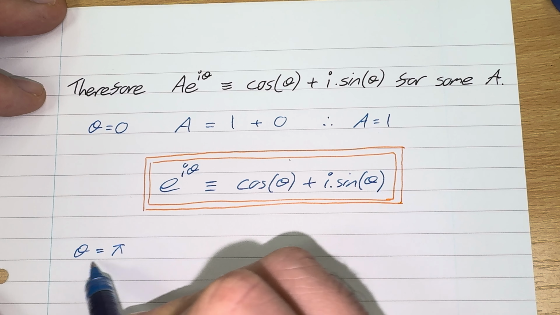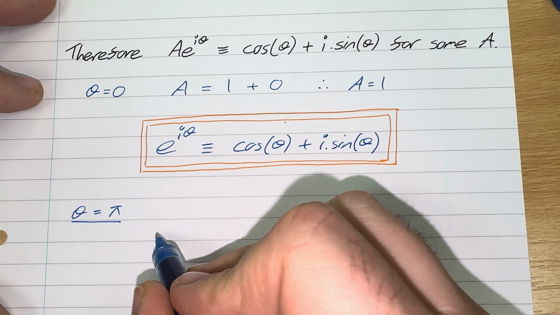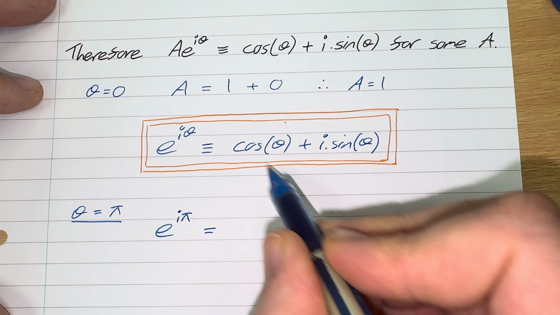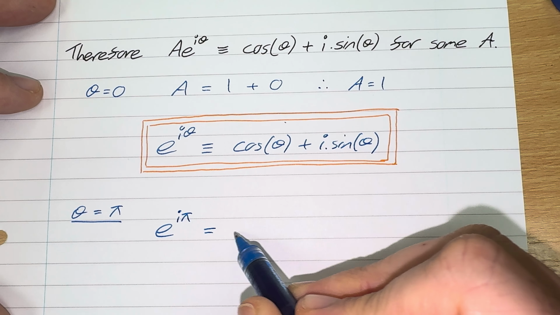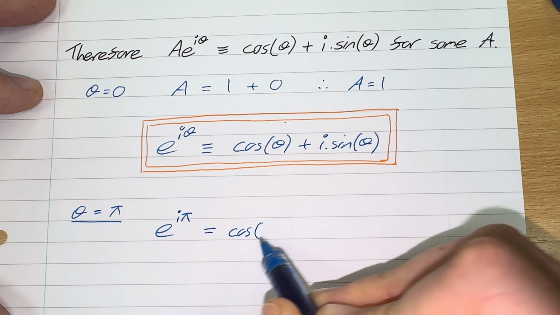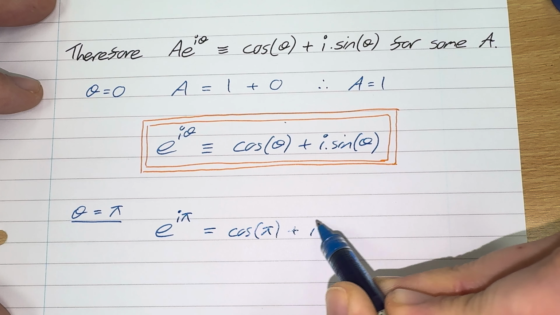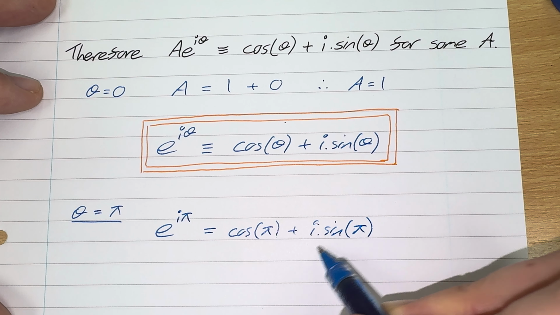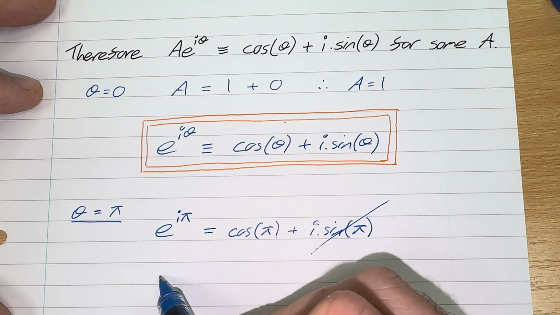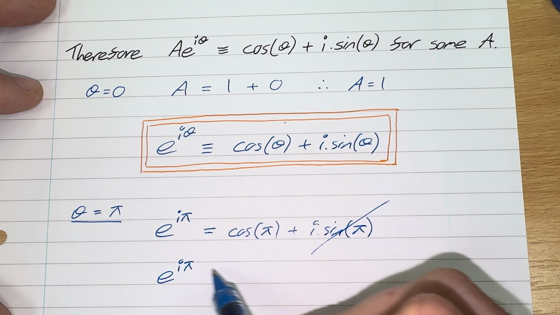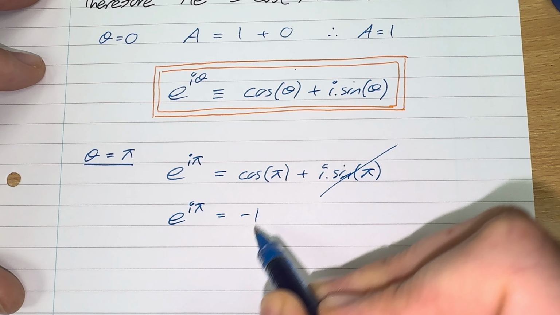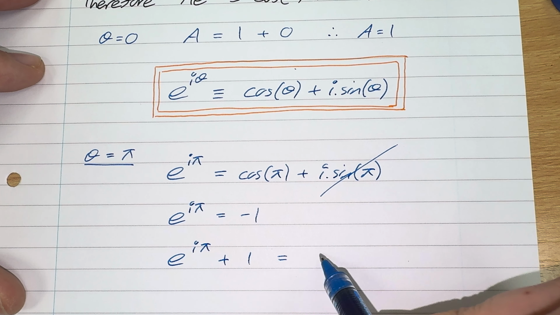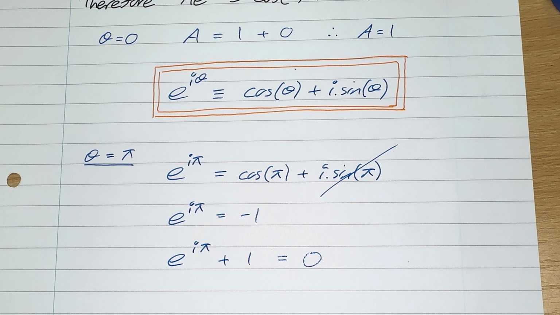But when theta is pi, then we end up with e to the i pi on the left-hand side, and that is equal to cos of pi plus i times sine of pi. But sine of pi is 0 and cos of pi is minus 1. So we get e to the i pi equals minus 1, or if you like, e to the i pi plus 1 equals 0.